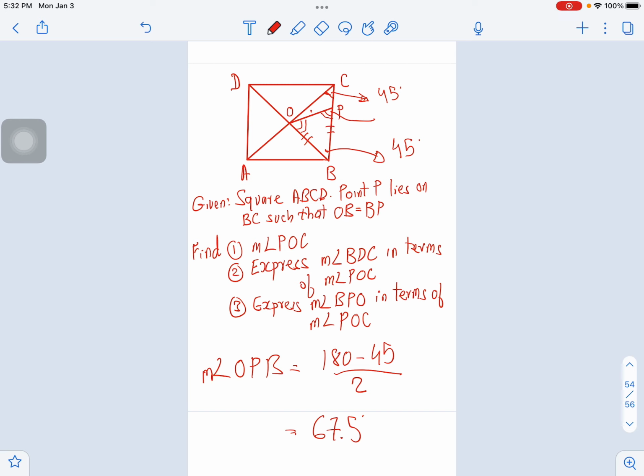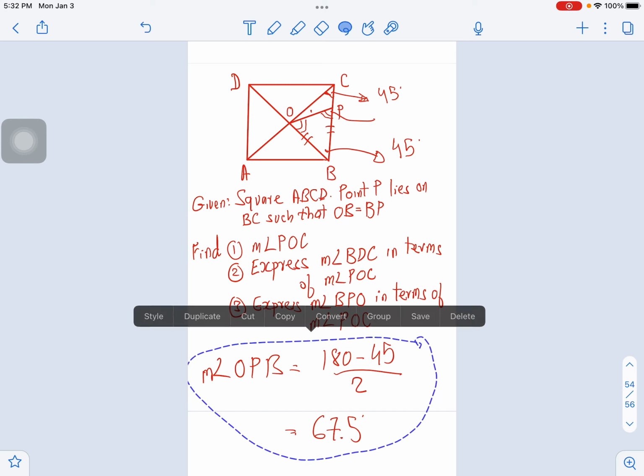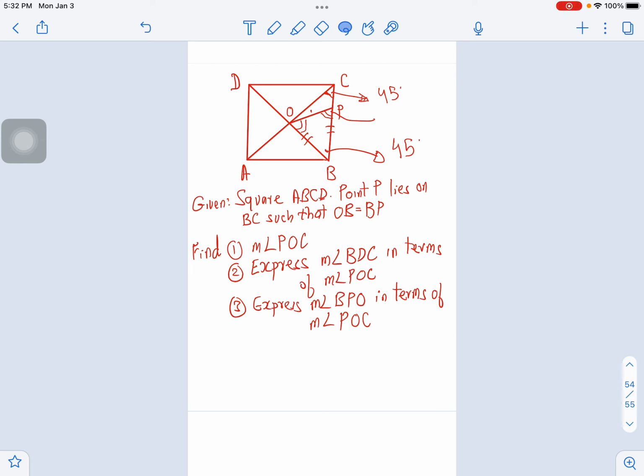And therefore, if I were to write the relationship using the external angle theorem, what would I get? I would get, let me create some space here. I would get measure of angle OPB equals measure of angle POC plus measure of angle OCP.